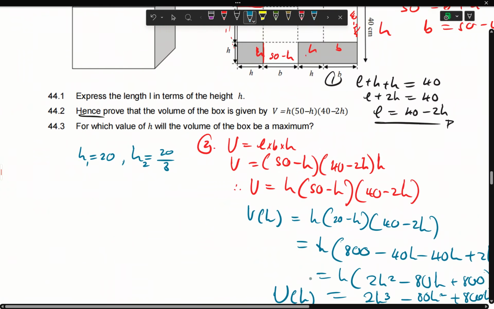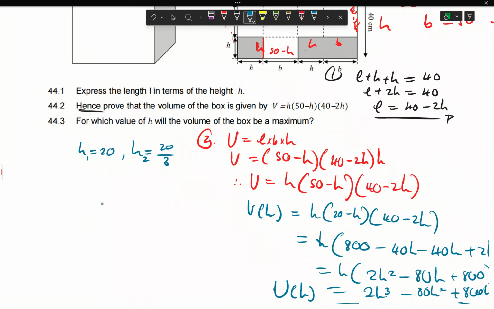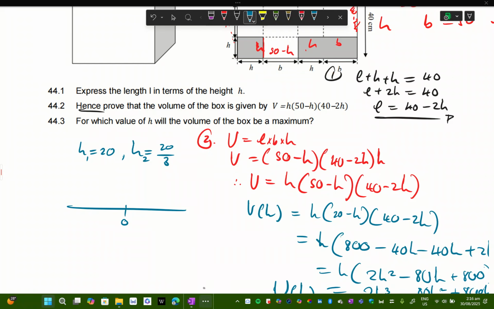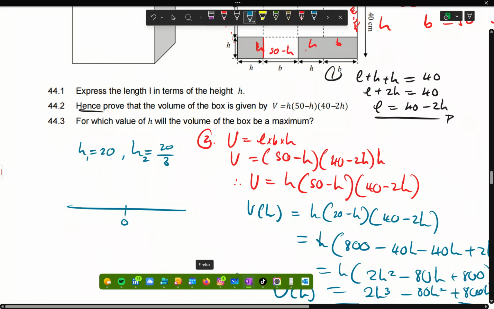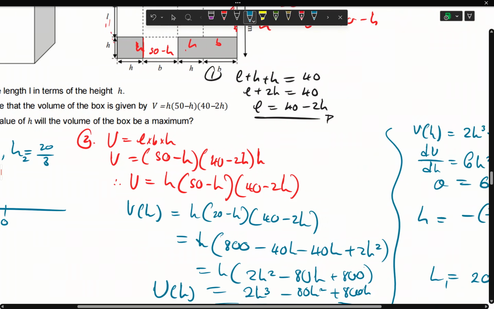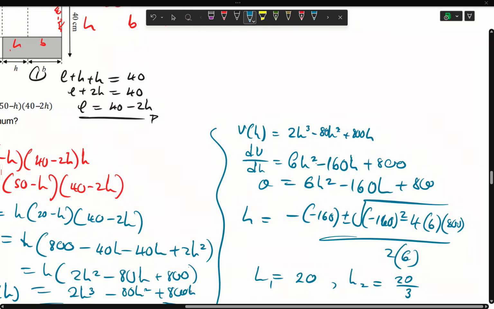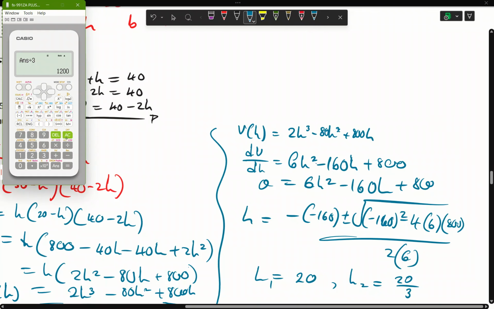Now, the question was, for which values of h will the volume of the box be maximum? So let's draw our table. Let's try values less than 20 and values greater than 20 in the first derivative formula. So this is your first derivative.